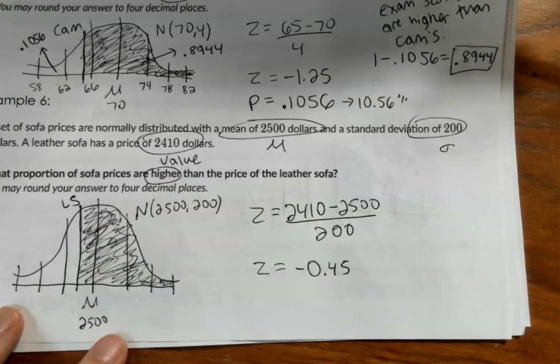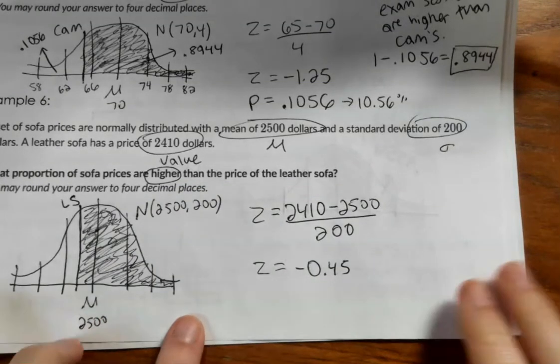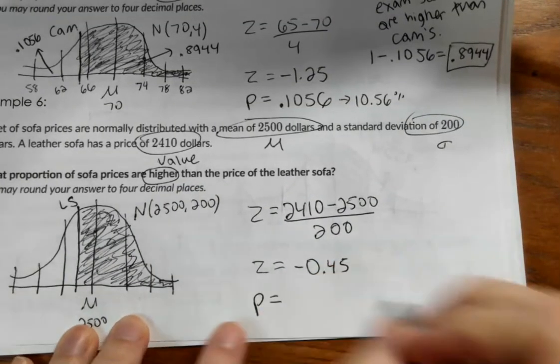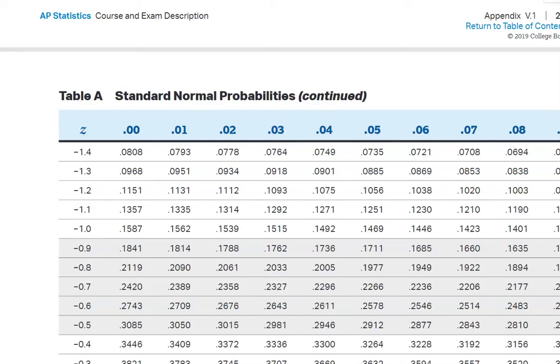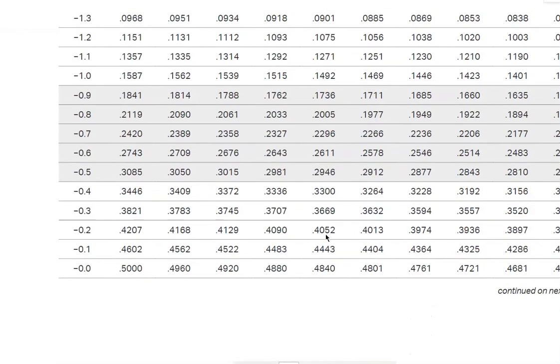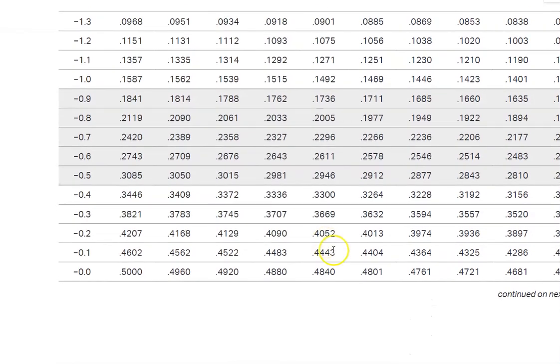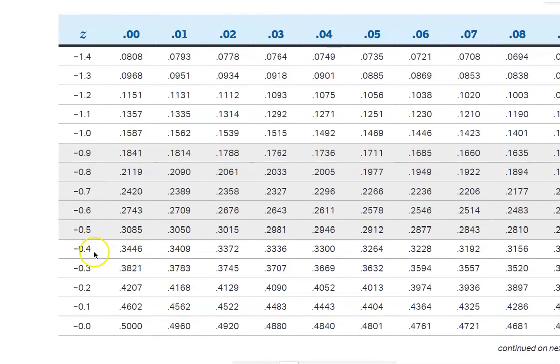Alright, there we go. Now I'm going to go back to my z-score table to pull up the p that's associated with negative 0.45. Negative 0.4. Alright, there's the 0.4. 0.45.